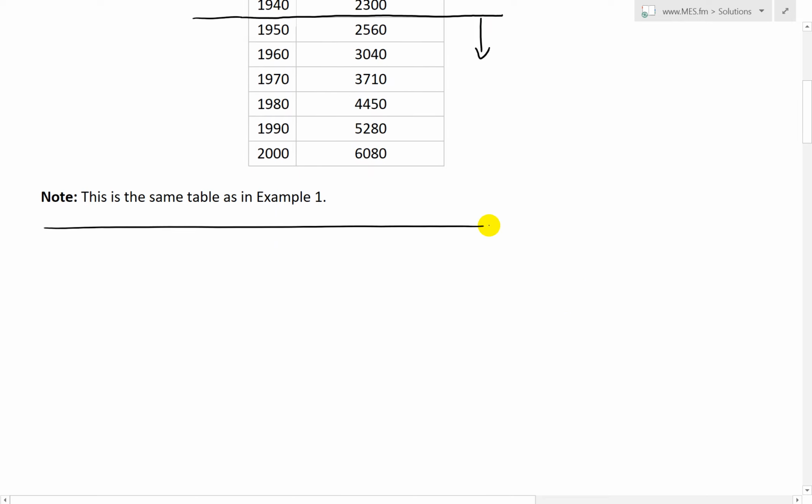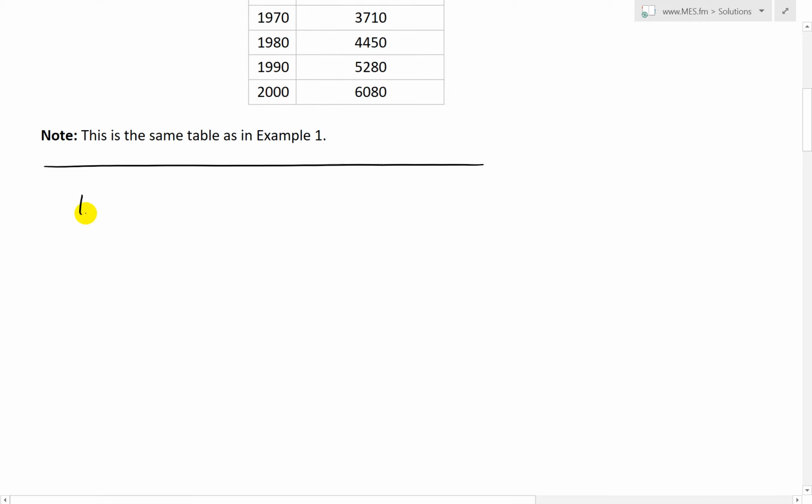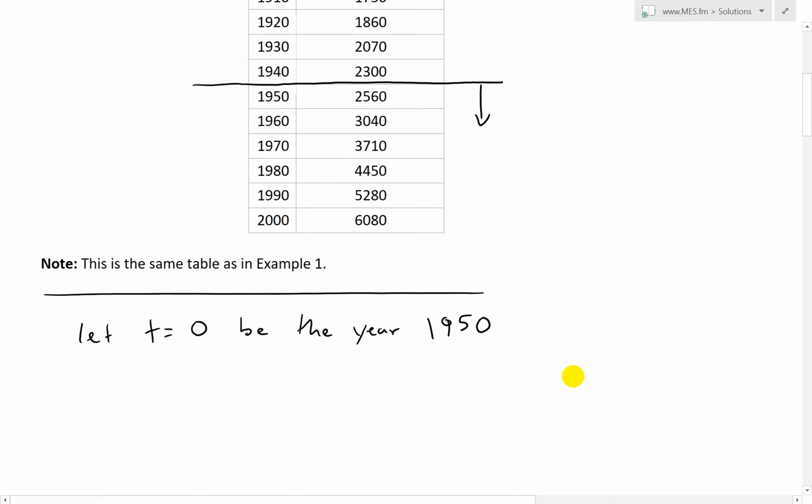So what we'll do now is let t equal 0. Let's say this t equals 0 is the year 1950, just to make it easier to work out the model. So in other words, we're going to start here.